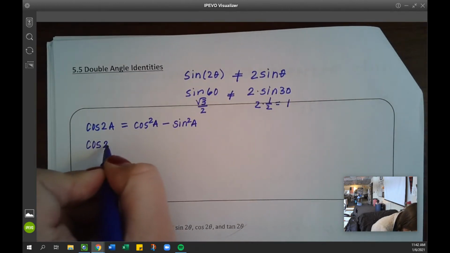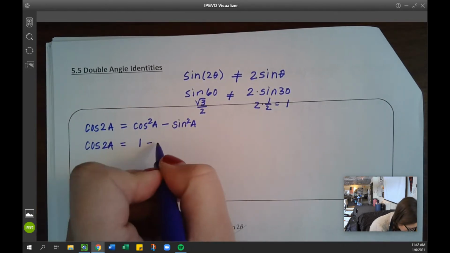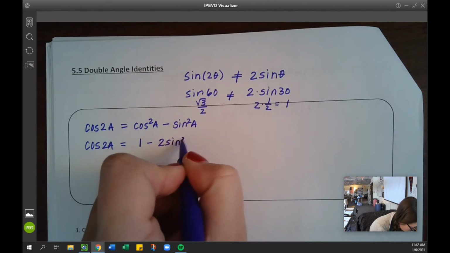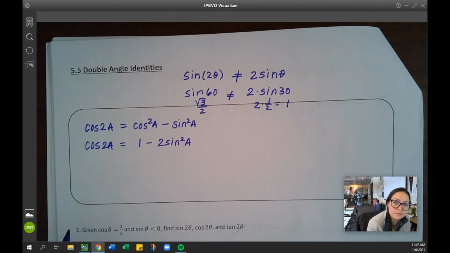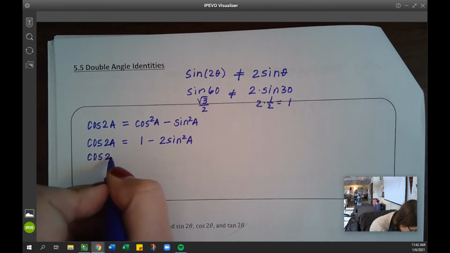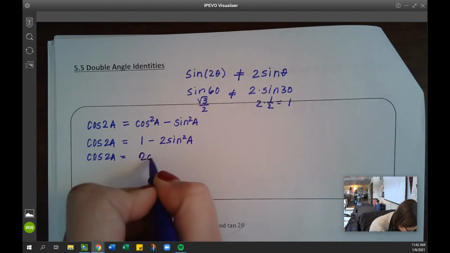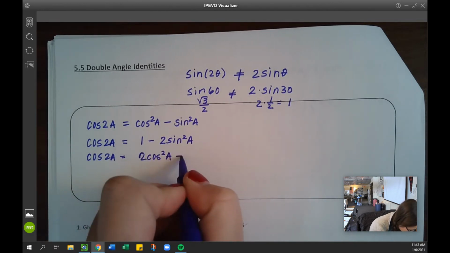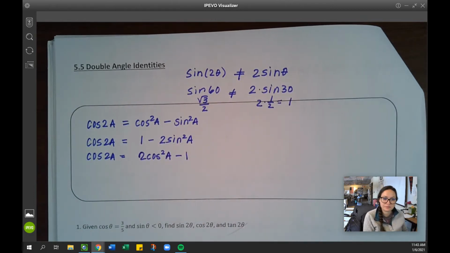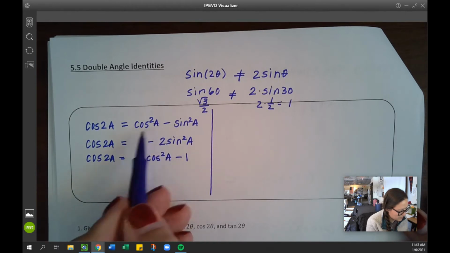Another way you can do cosine 2a is 1 minus 2 sine squared. And the last way is to do 2 cosine squared minus 1. And these are all just different forms of the same thing.